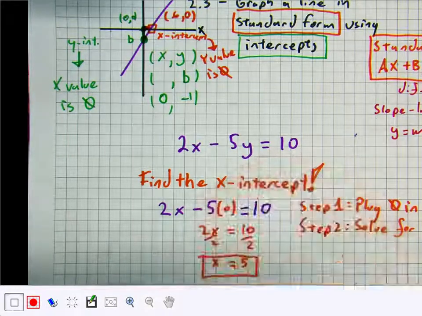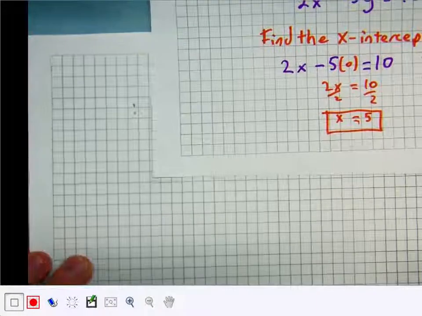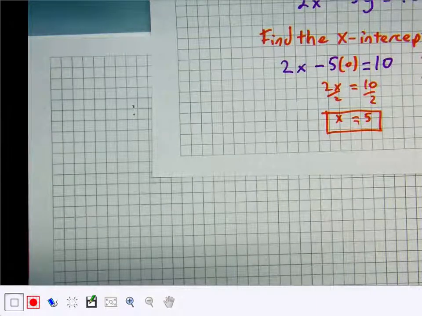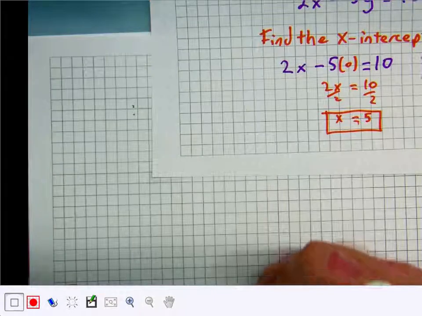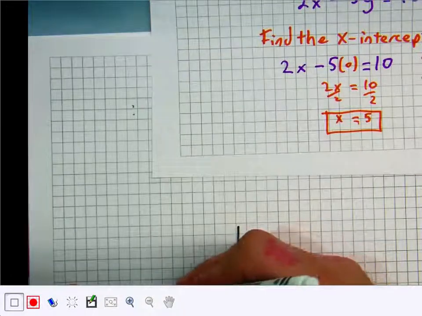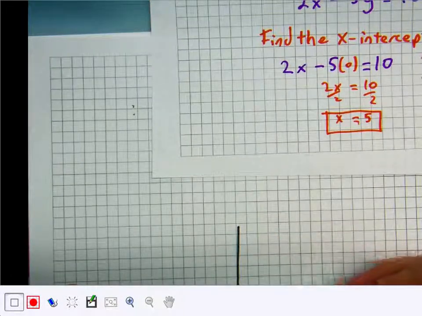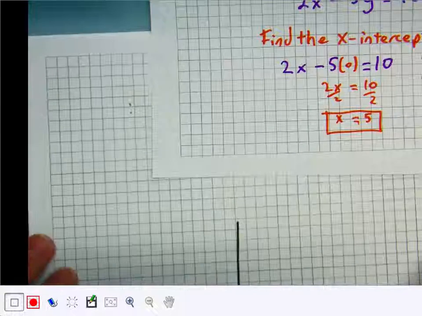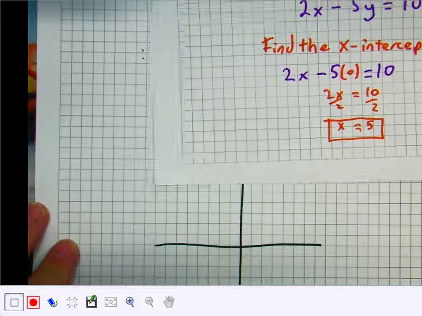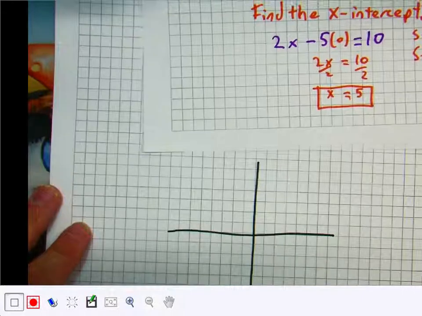Okay, so I've kind of run out of room, so I'm going to pull up a second piece of paper here to show this. So I'm going to take my graph, just like this. I'll scoot it up just a bit. And I see that my x-intercept is 5.